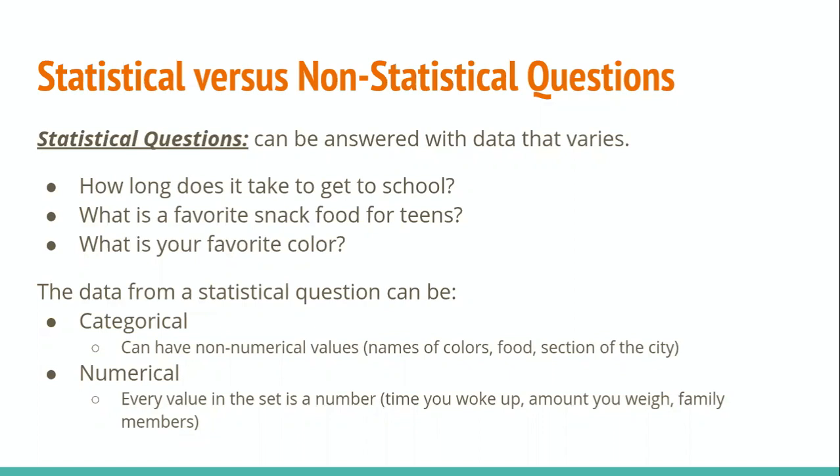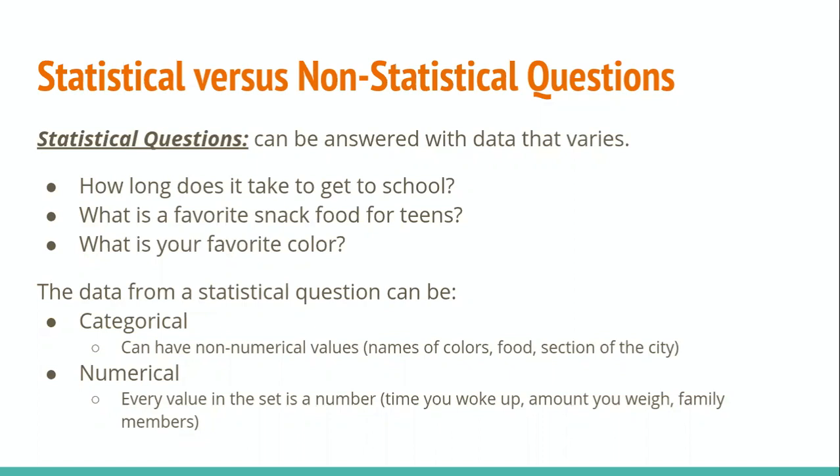Okay, so if the question is statistical, then you can further describe it by saying it is either categorical or numerical. A categorical statistical question, or a statistical question with categorical answers, can be non-numerical values.